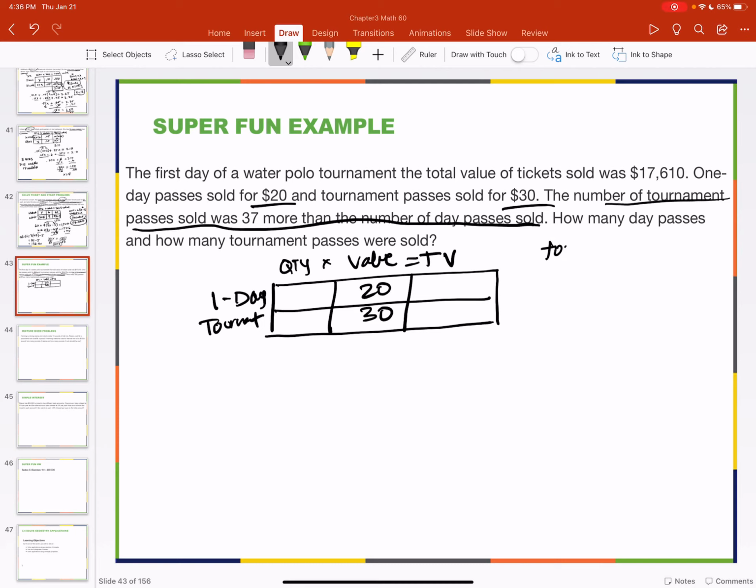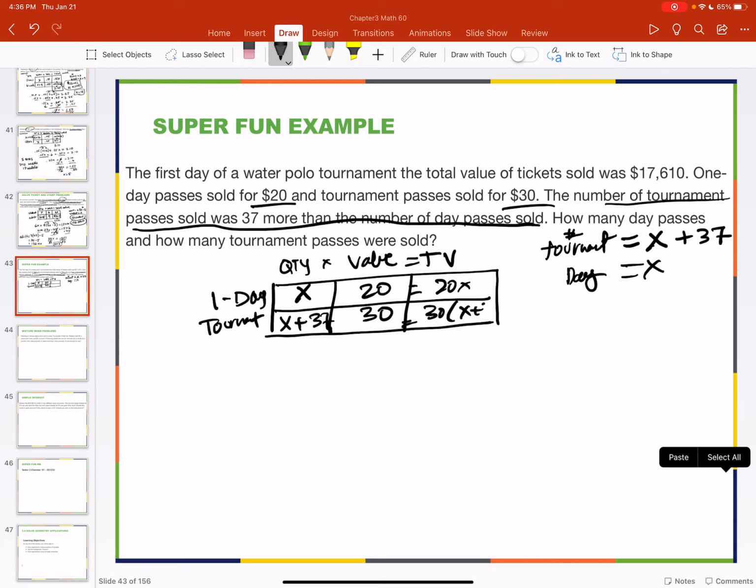The number of tournament passes was 37 more than the number of day passes sold. We don't know what the day passes is, so that's X. So we're going to let day passes be X. So one-day passes is X, tournament passes is X plus 37. To fill in the last one, we multiply across: 20X, 30 times the quantity X plus 37.